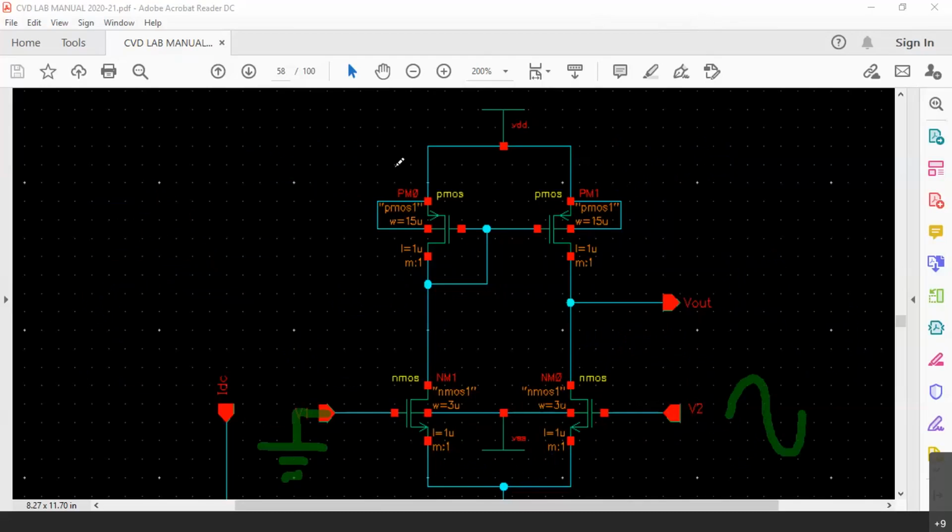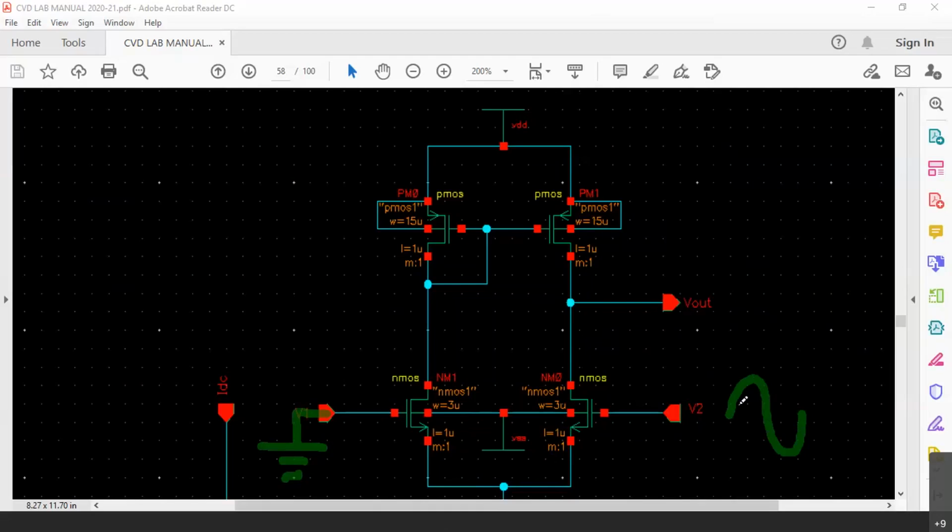So now you already know the current through both PMOSes is going to be equal when the input signal is absent. And let us assume output is at 0 volts now. And both these NMOSFETs are working in the saturation region, at the quiescent point in the middle of the load line.